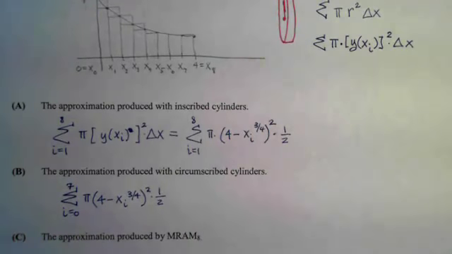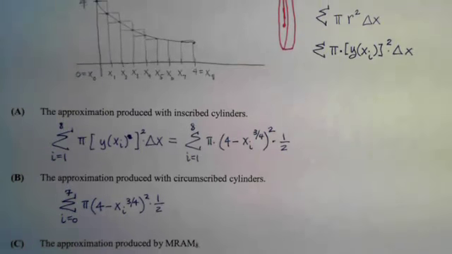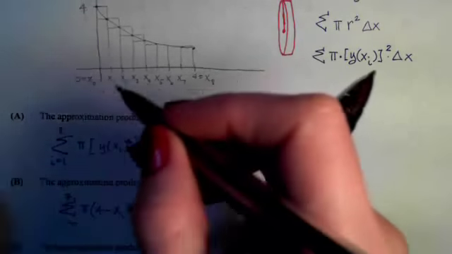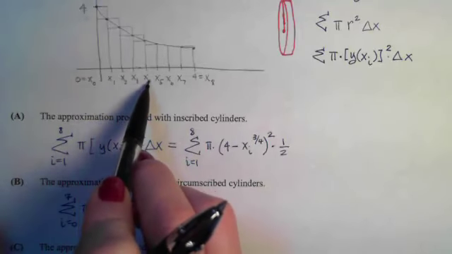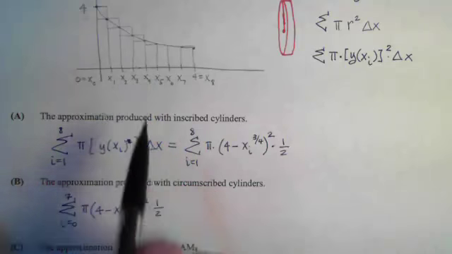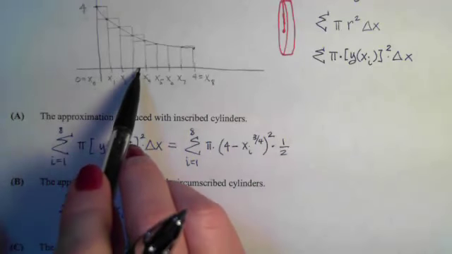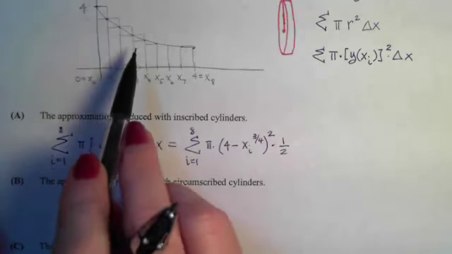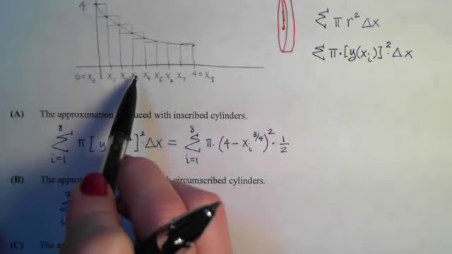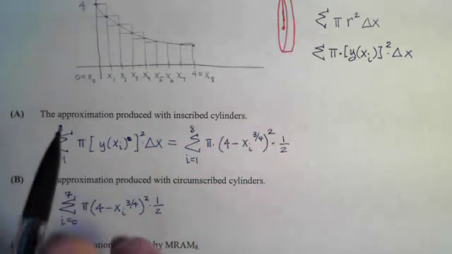Okay, last part, C, I want the midpoint. So let's think about how we find a random midpoint. Any midpoint that I want is going to be the average of these two. So that means the thing that gets plugged into the function to create the radius of the cylinder is going to be the midpoint between the x values.